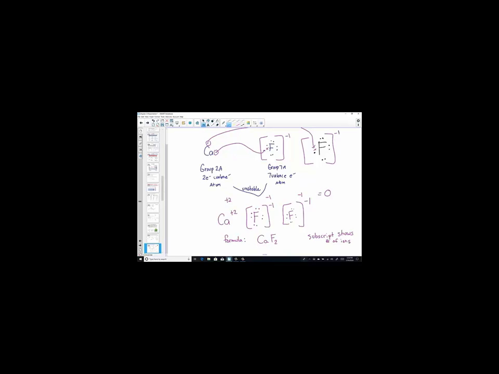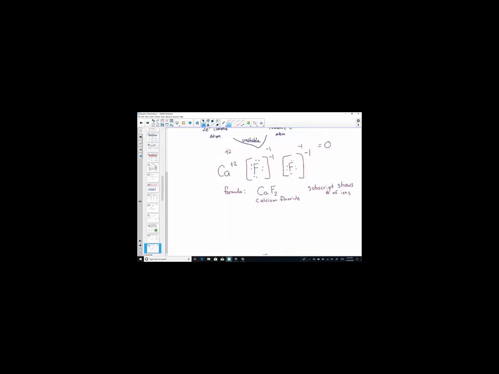It took 2 units of a -1 to create an electrically neutral compound. Say the name of the element for the metal just as it is, calcium. Say the name of the negative ion, but end it with IDE. We just drew an elemental ionic compound here known as calcium fluoride, CaF2.